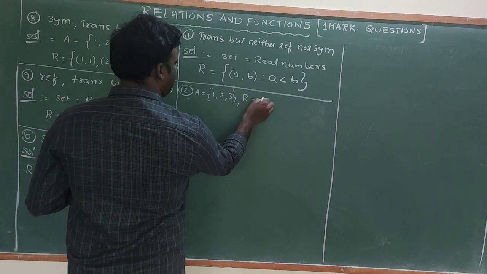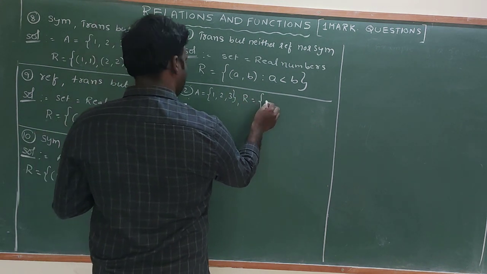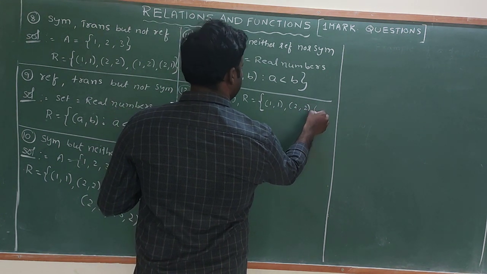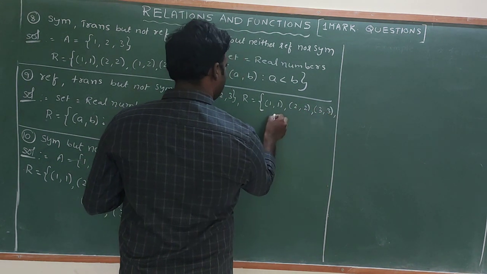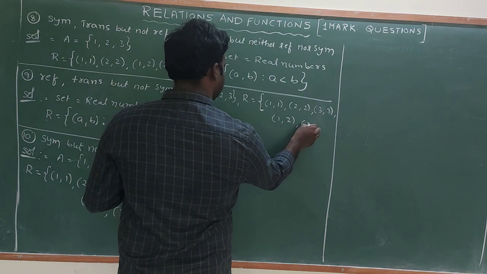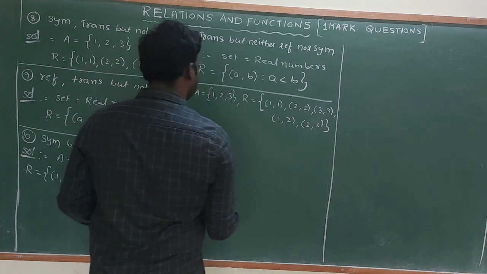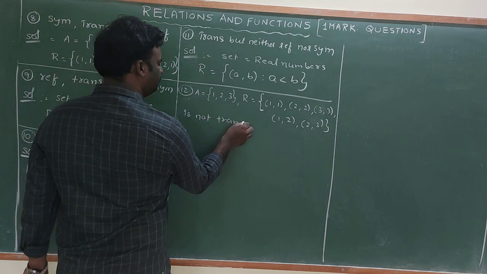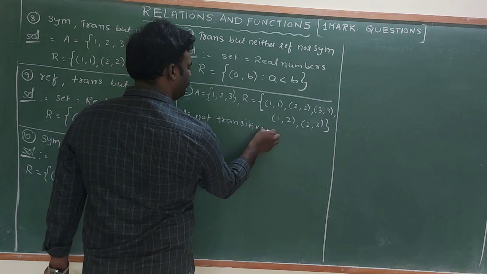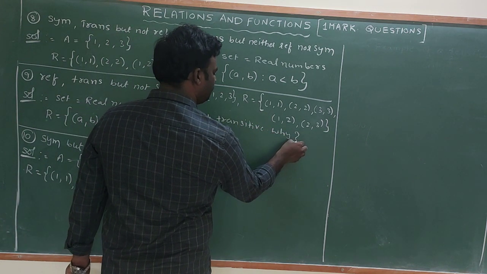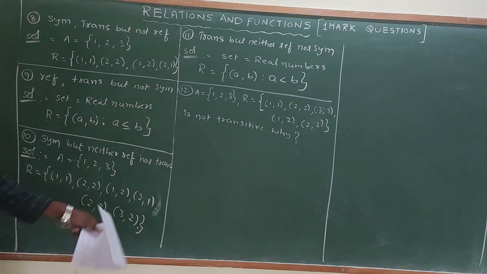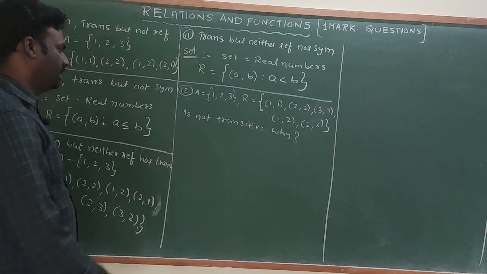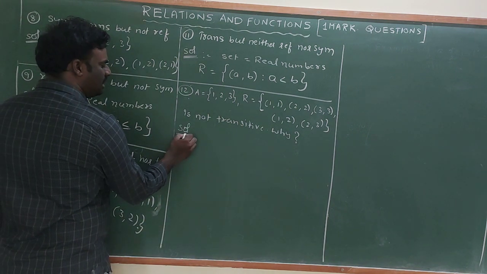They have given the relation R = {(1,1), (2,2), (3,3), (1,2), (2,3)} is not transitive. Why? What is the reason? That is the question. The set is given, the relation is given, and this relation is not transitive. Okay, we will prove why it is not transitive.